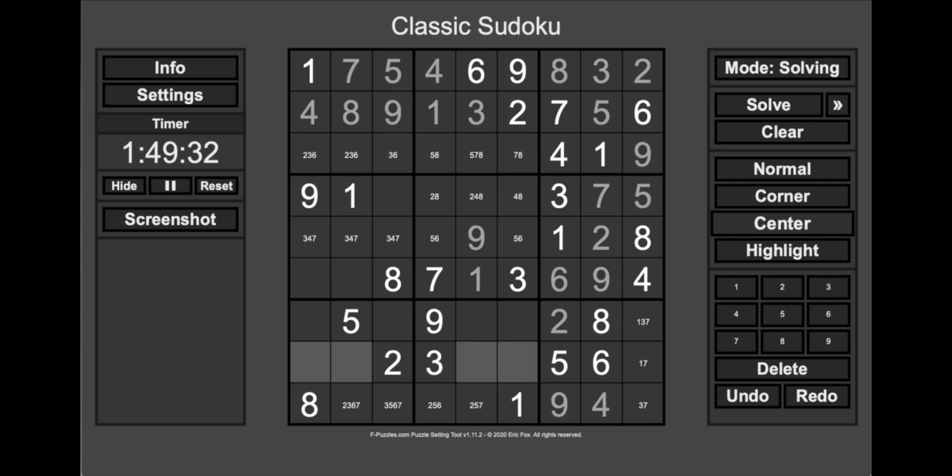Let's see, you got here. Yeah, whoops, and I accidentally activated my screensaver there. Okay, 2, 3, 5, 6 in here. I need 1, 4, 7, 8, and 9 in the remaining cells in row 8. And immediately I know that has to be a 7, because it can't be anything else.